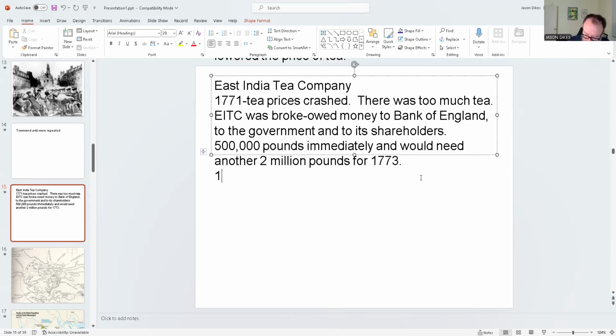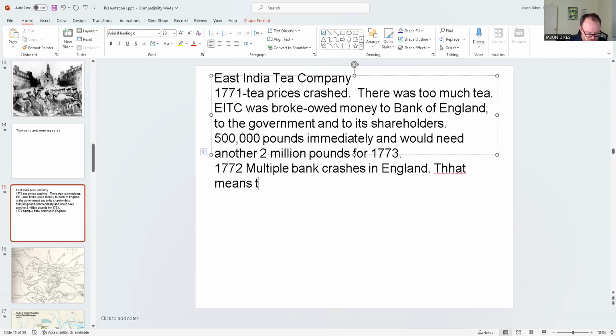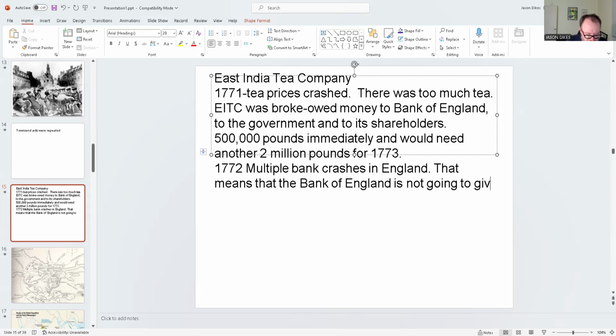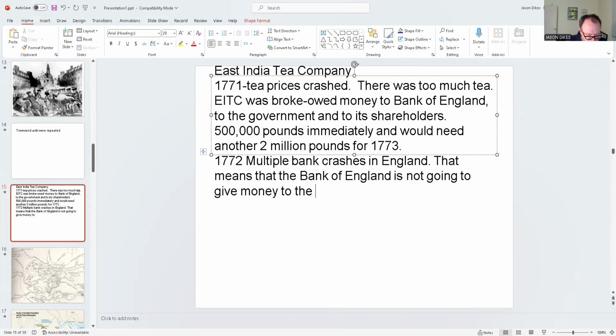We start to have those multiple bank crashes in England. And that means that the Bank of England is not going to give money to the East India Tea Company.